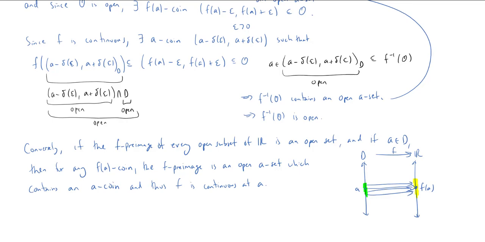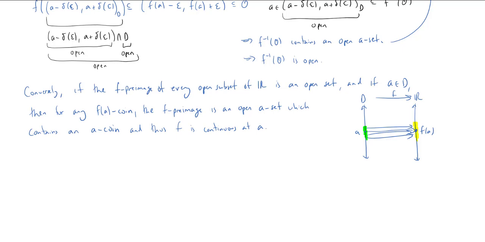Okay, all right, so maybe we write this down using symbology in case the words are a little too confusing here. So I have some f of A coin, right? So f of A minus epsilon, f of A plus epsilon. I take the preimage of this set, and I know that it is some open set.